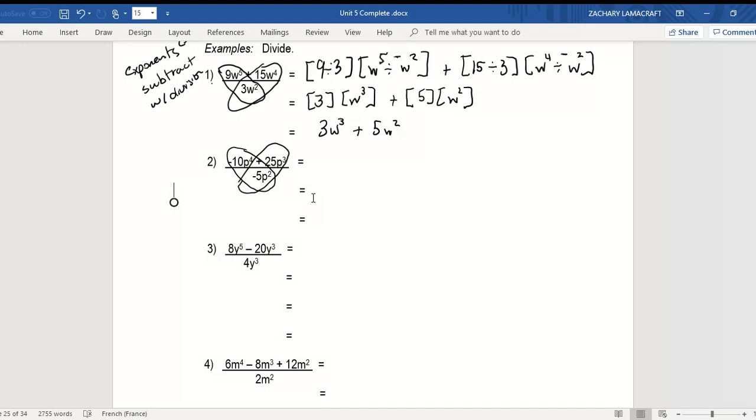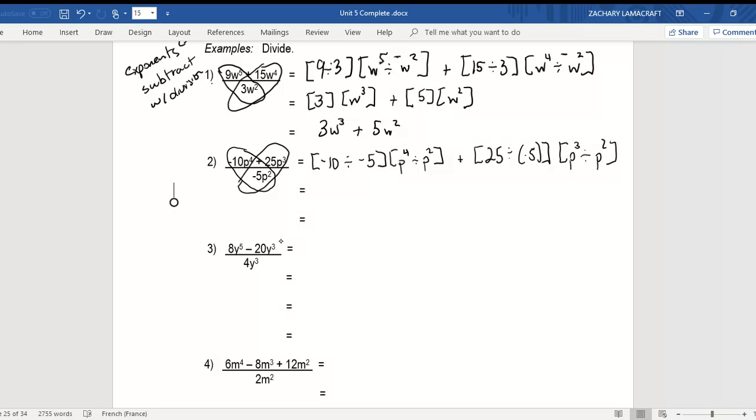So the next two I won't do these little circles here, but I think it just shows you that you can't forget them. So I'm just going to continue with this one. So the first one we would do the numbers, so negative 10 divided by negative 5, and we'd have p to the 4 divided by p to the 2, plus we have 25 divided by negative 5, so don't forget that negative, and p to the 3 divided by p to the 2, okay?